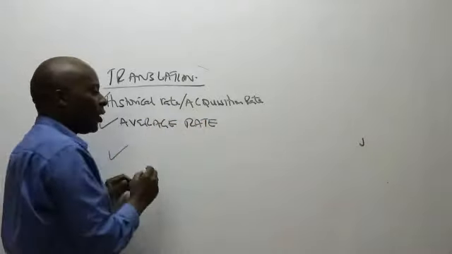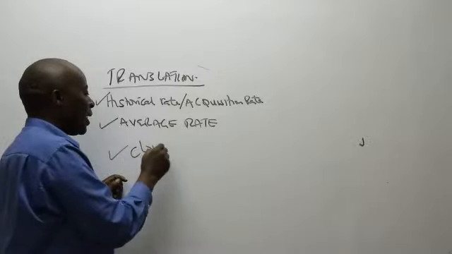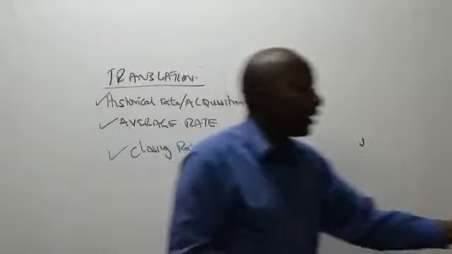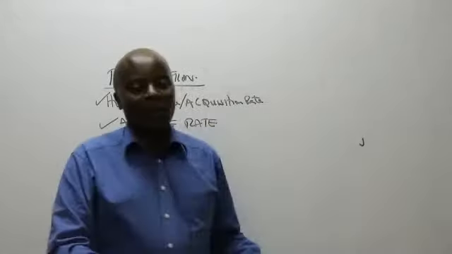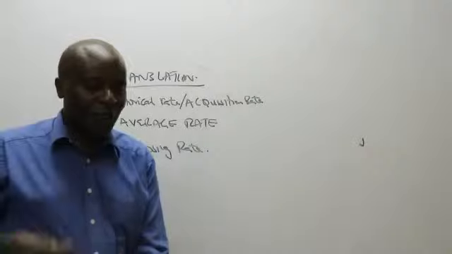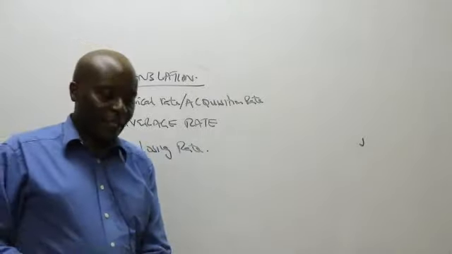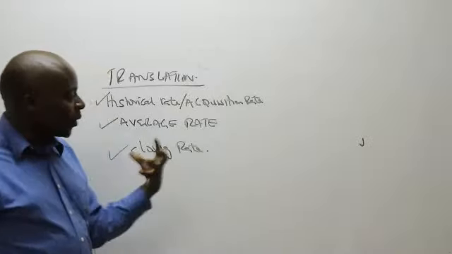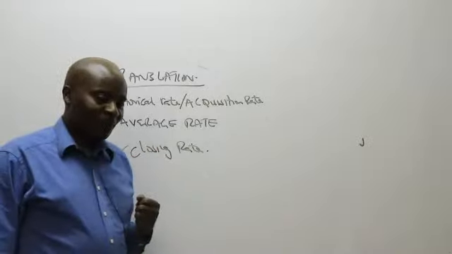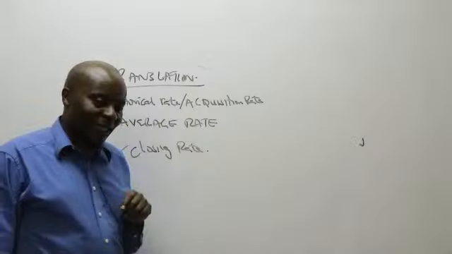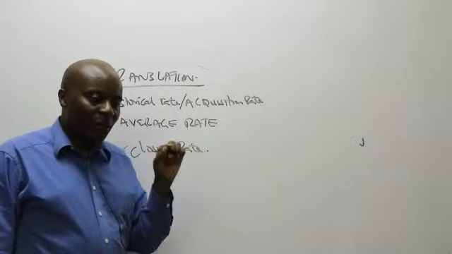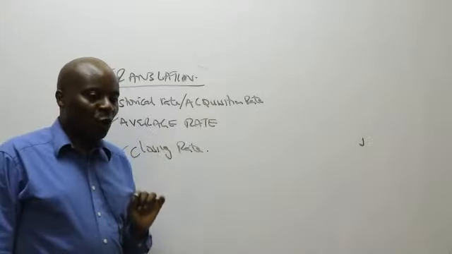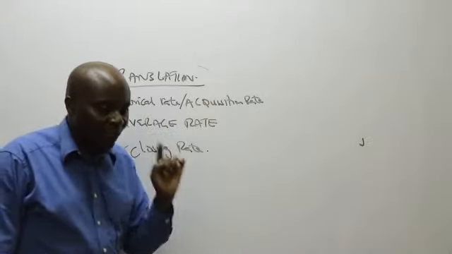And then lastly, you'll be given the closing rate. So ladies and gentlemen, if I'm given these three kinds of rates here, how will I apply them during my translations? There is one thing I will never forget, that income statement parameters always use the average rate.